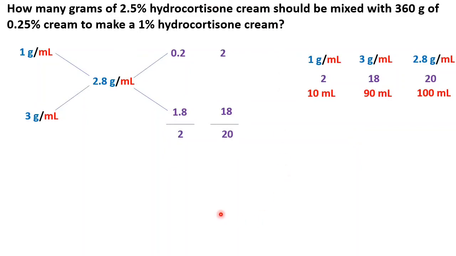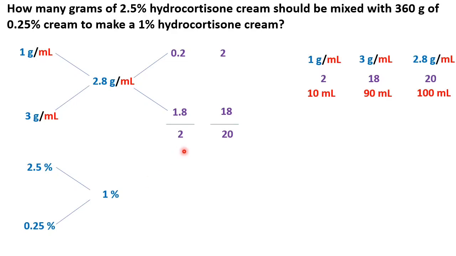Let's apply this method again to our example here. It is the same, very easy. We have a hydrocortisone cream whose concentration is 2.5%, and we want to mix it with 360 grams of 0.25% cream, and the resultant cream would have 1% hydrocortisone.